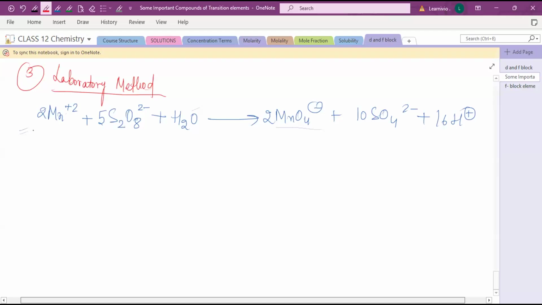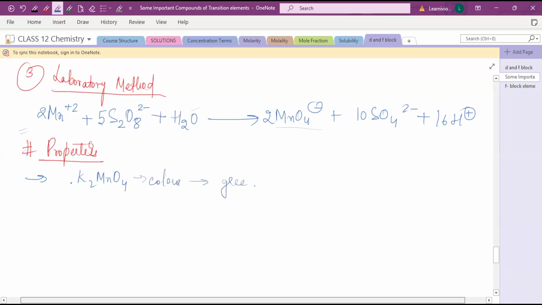Next, write on the properties. Potassium manganate, K2MnO4. K2 अगर है तो it is a manganate, and if it is KMnO4, it's a permanganate. So K2MnO4, its color is basically green.